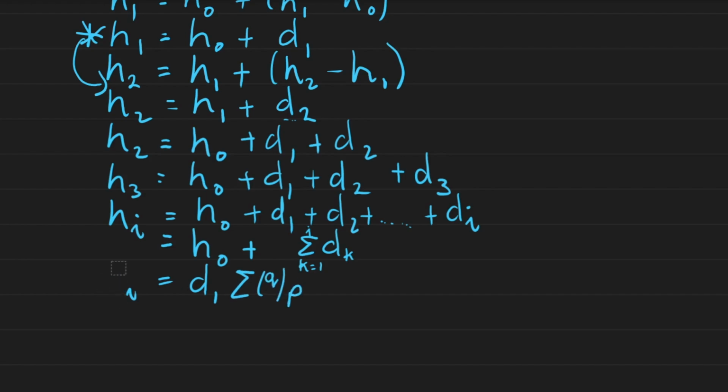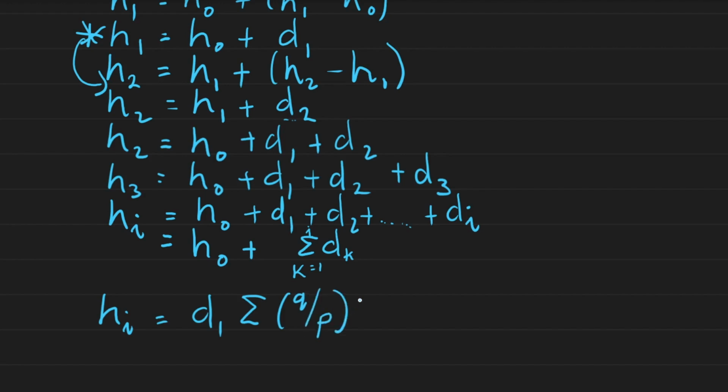Okay, let me just write it in the next line. We have hi is equal to d1 times the sum of q over p to the power k minus 1, where k starts from 1 and goes all the way up until i.